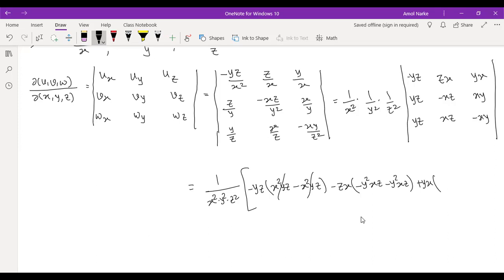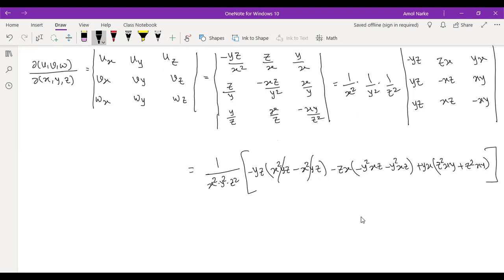Here we have z square xy. Here also it is not cancelled. See the calculation. Tell me whether it is correct or not.